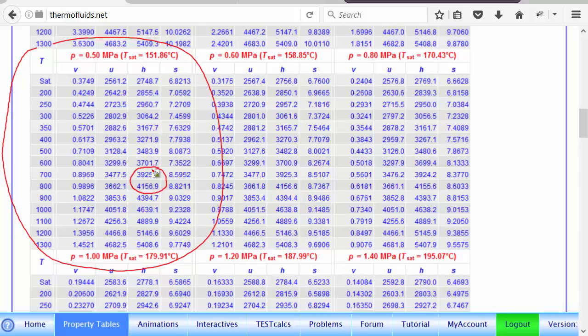So if the question is find the temperature of this superheated vapor, you can see 4000 is somewhere in between, and instead of spending a lot of time, I'll say, you know what, it's somewhere in between. I'll just take 750 as my answer. Well, it may not be perfectly accurate, but you would be surprised how good this guess is.